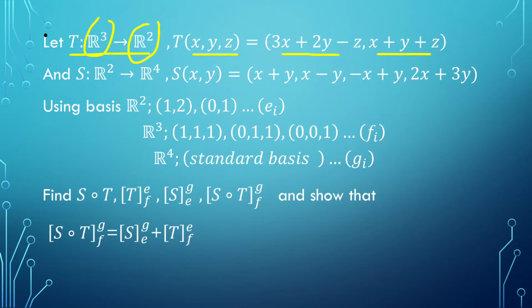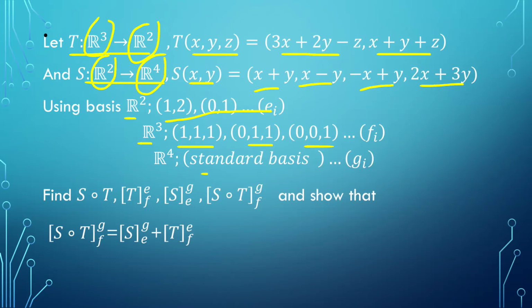Again for S, the domain is R2, so 2 variables, and then R4, 4 operations: 1, 2, 3, 4. Now we are given bases, of course. The basis for R2 is given here, that's the E_i. For R3 the bases are given as F_i, and R4 has the standard basis, which are the G_i.